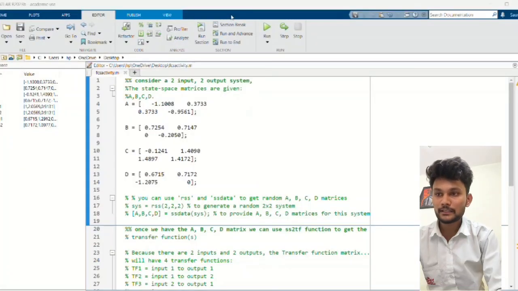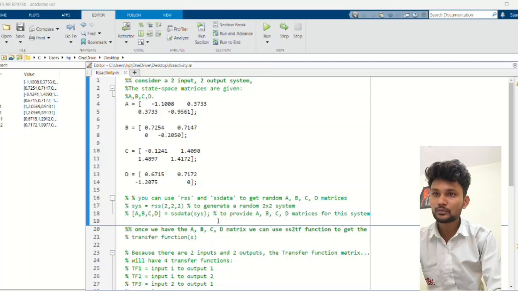sys = rss(2,2,2) generates a random 2 by 2 system. [A,B,C,D] = ssdata(sys) provides the A, B, C, D matrices for this system. Once we have the A, B, C, D matrices, we can use ss2tf to get the transfer functions.